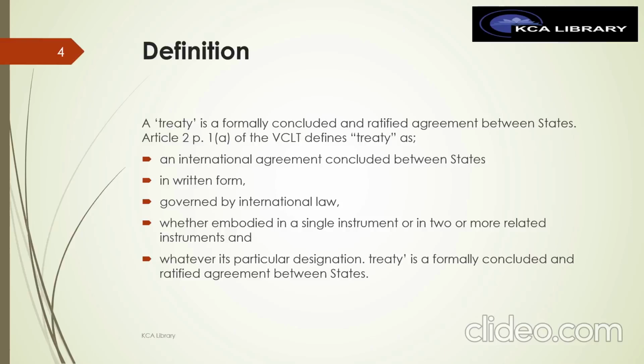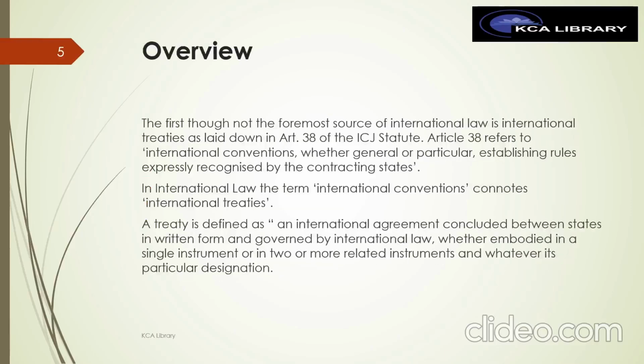But Article 2, Paragraph 1, Section A of the Vienna Convention on the Law of Treaties defines treaty as an international agreement concluded between states in written form and governed by international law, whether embodied in a single instrument or in two or more related instruments, and whatever its particular designation. So let's have a brief overview.